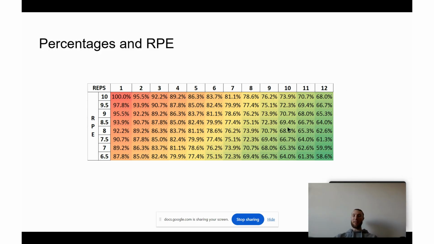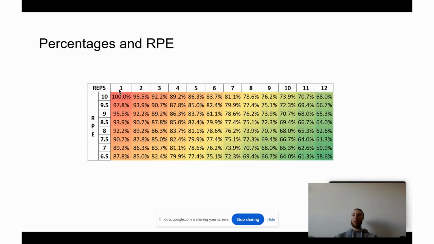RPE and percentages, this is a helpful chart. It is not a hard and fast rule, but it is very helpful to understand the relationship between reps and RPE. For instance, if you did one rep, that was your one rep max, 100% of your max, that's going to feel like an RPE 10. You literally couldn't do any more reps. That was the hardest thing you've done.